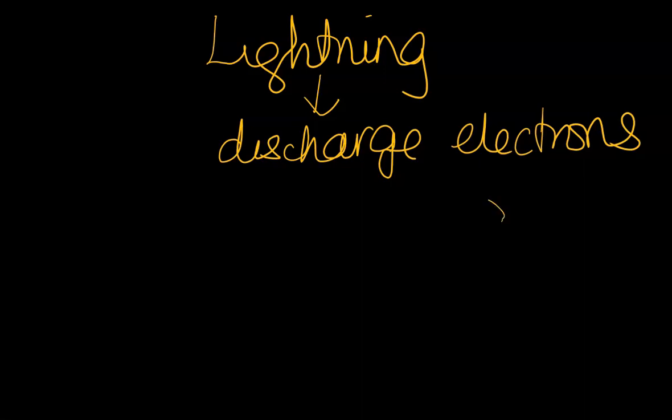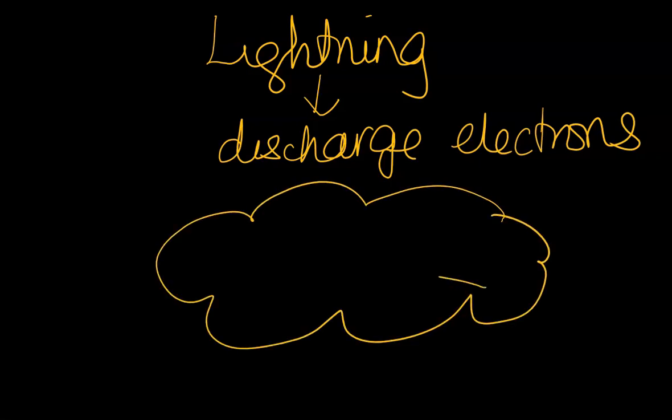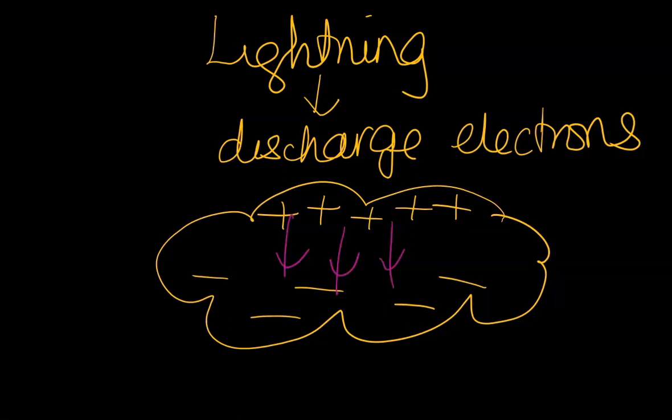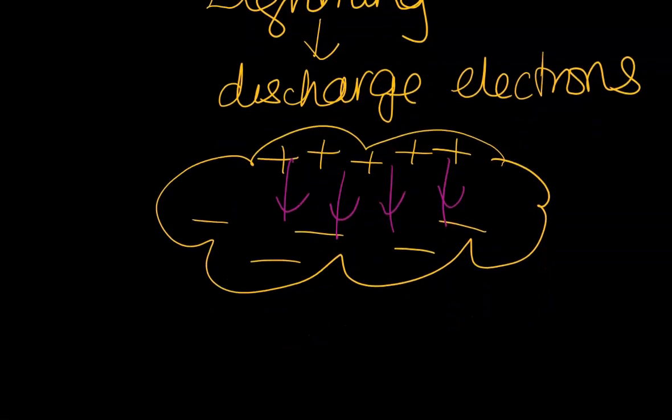So it results in, within the cloud, an accumulation of negative charges at the base and positive charges at the top of the cloud. So in fact, I could even go as far to say, within a cloud, I tend to have a uniform electric field between the positive and the negative charges.